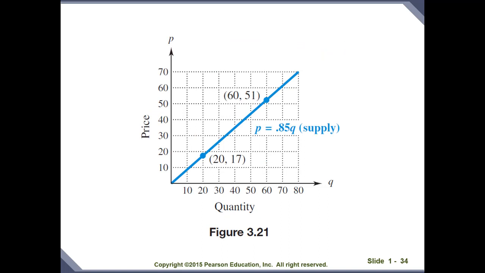We also have a supply curve. So in this case, our supply equation is defined as 0.85 Q. Notice that this does not have a y-intercept. Why doesn't it have a y-intercept? Well, because if the price of something is 0, no one is going to make it.